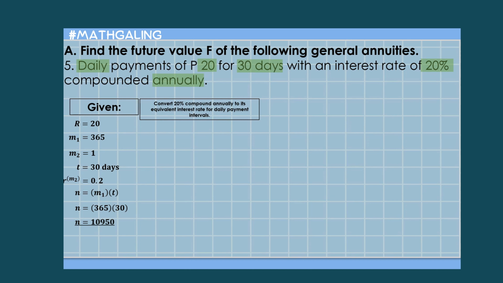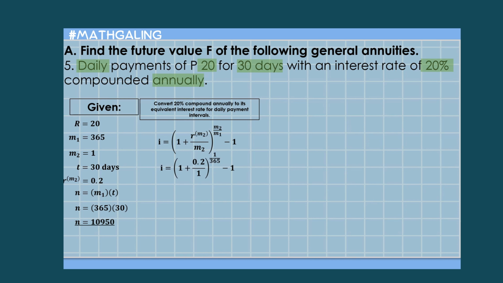Convert 20% compounded annually to its equivalent interest rate for daily payment intervals. So here's the formula of I. 1 plus R over M sub 2, raised to the power of M sub 2 over M sub 1, minus 1.